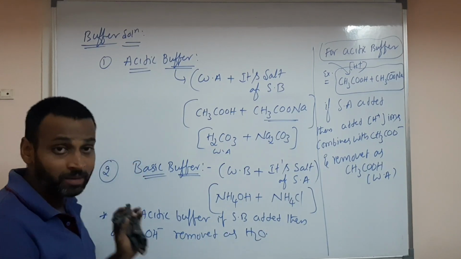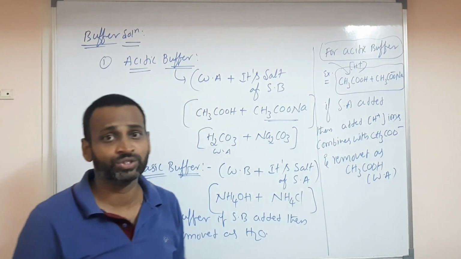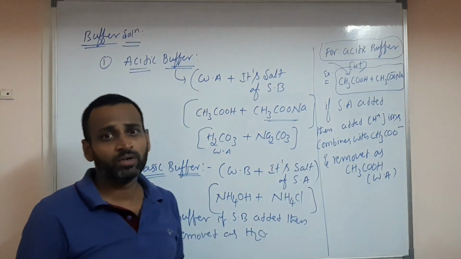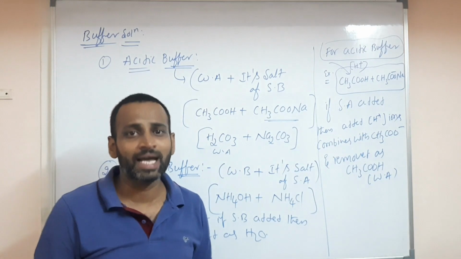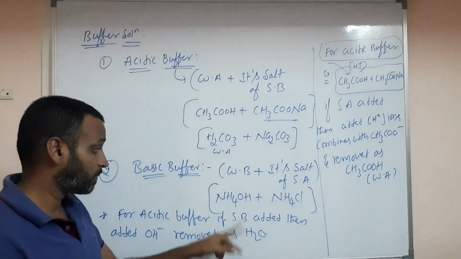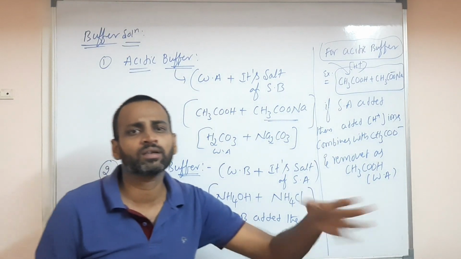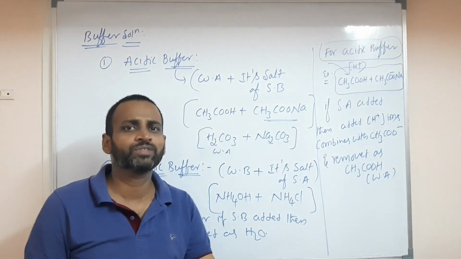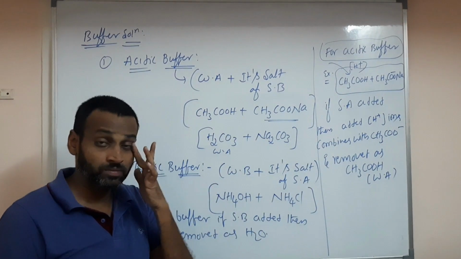These two points, maybe they can ask, that's why I am giving theory questions. For an acidic buffer, when you add strong acid, it is removed as weak acid. When strong base is added, it is removed as water. The OH- you are adding combines with H+, so it is removed as water.